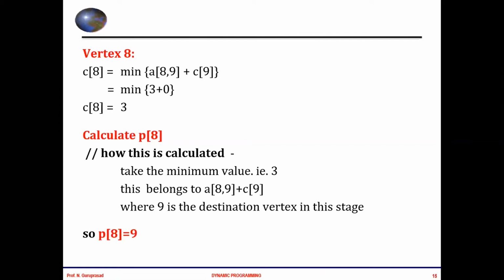Which is the next vertex we are going to calculate now? Exactly. So next is vertex 7. The way we did for vertex 8, that is minimum of A of 8, 9 plus C of 9, the same thing we are going to do for vertex 7 with a small difference.